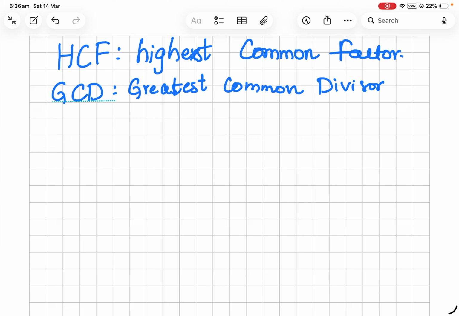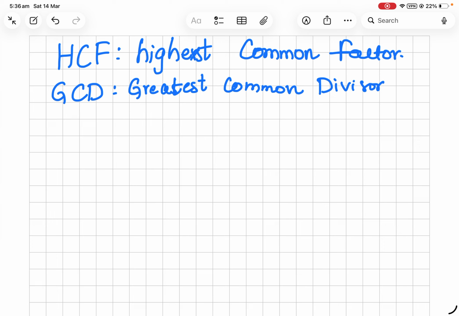It is a mathematical strategy that is used whenever you want to divide multiple quantities into the largest possible equal non-overlapping groups. Okay, so you're dividing in such a way that there is no overlap, and you'll get the largest possible piece that can be done without any overlapping.